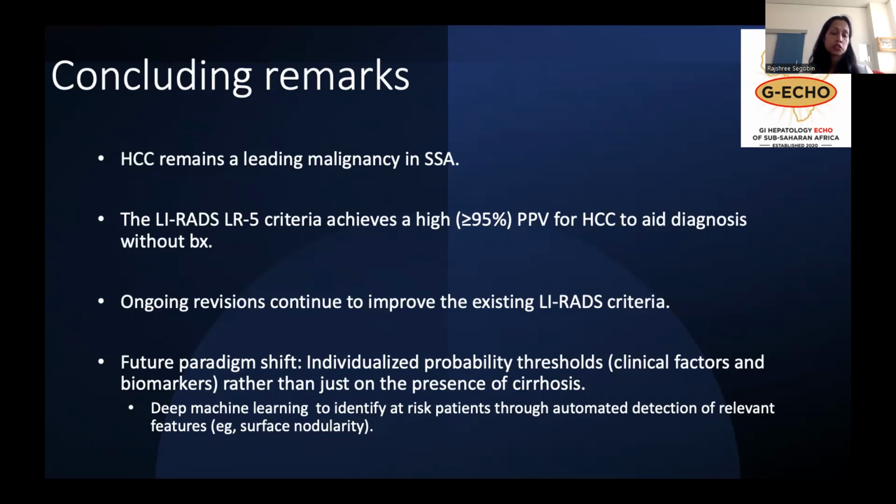And ongoing revisions are happening to continually improve the existing LIRADS, and hopefully in the future we'll see a more individualized and probabilistic approach to individual HCCs by taking clinical factors and biomarkers into account rather than just looking at the presence of cirrhosis on HCC imaging. And deep machine learning is here to help us to do that.